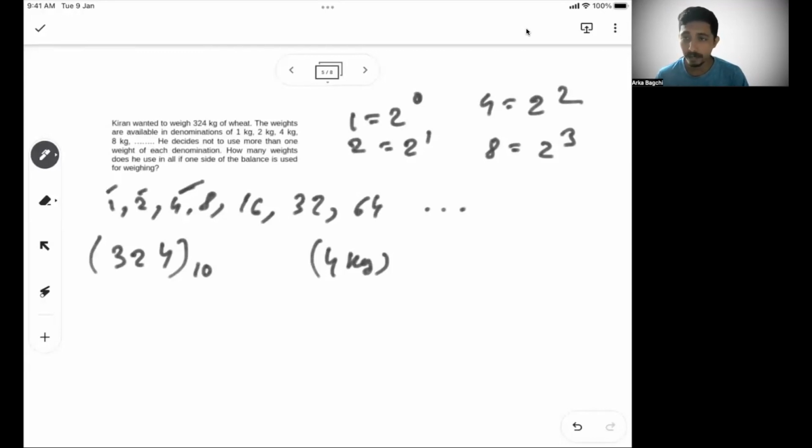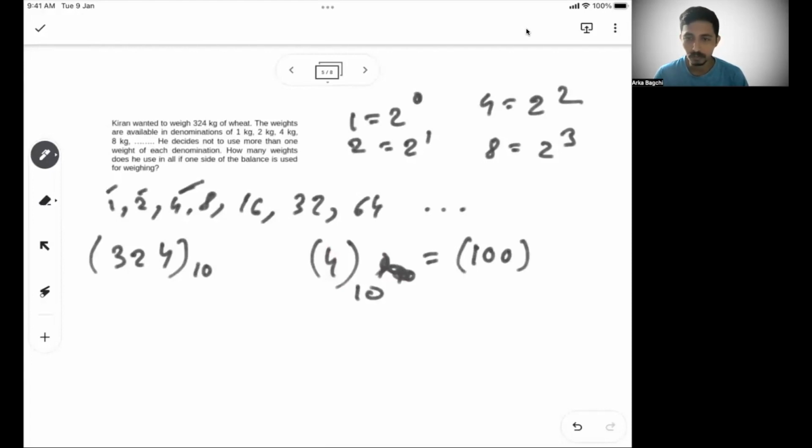But how will I arrive at that? If I convert this 4, which is in the decimal system, into the binary system, it will become 100, right?